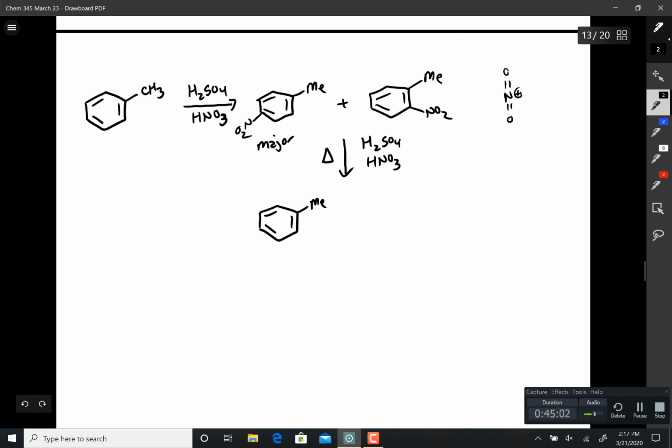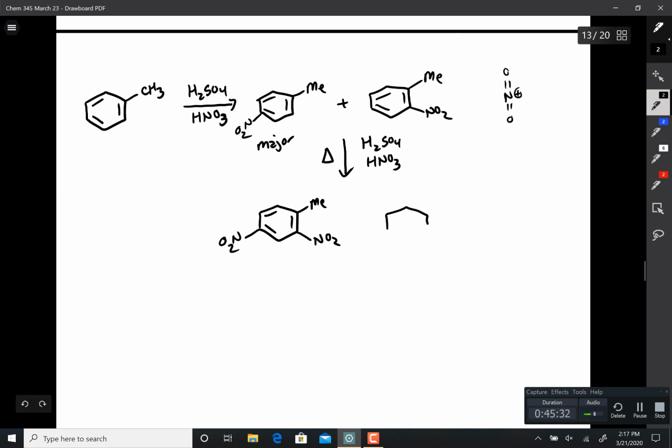Now, we have two groups on this ring. When you have multiple substituents on an aromatic ring, you use the directing effect of the most activating group. In this case, the methyl group is more activating than the nitro group. The methyl group is an ortho-para director. The para position is blocked. So we add the nitro group there.